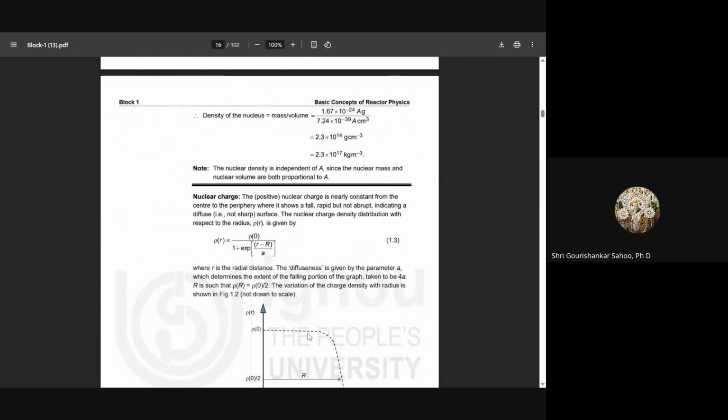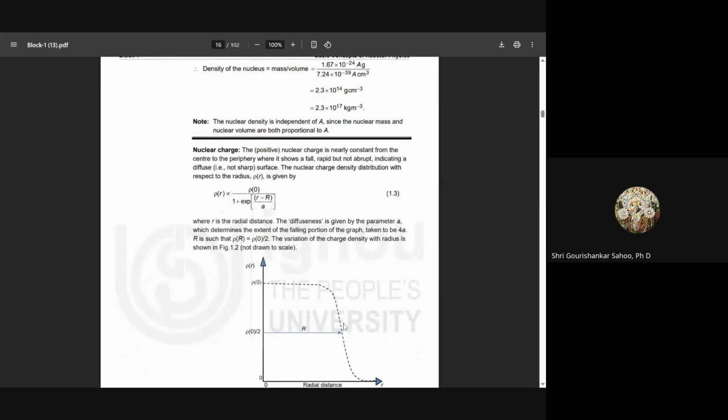Then density of the nucleus is mass by volume, which is 1.67 into 10 to the minus 24 A gram over 7.24 into 10 to the power minus 39 A cm cubed. By dividing these two, you have 2.3 into 10 to the power 17 kg per meter cubed. And the nuclear density is independent of A, since the nuclear mass and nuclear volume are both proportional to A.